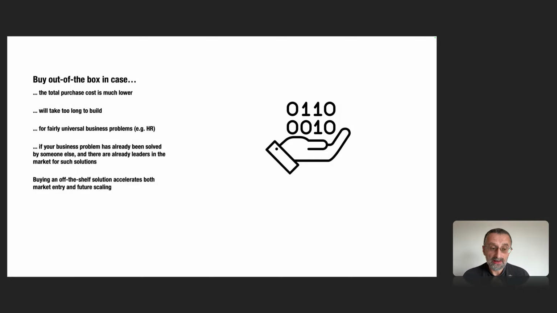Generally, buying an off-the-shelf solution accelerates both market entry and future scaling. There are plenty of different benefits of choosing something out of the box. By the way, it does not have to be a commercial solution. Open source libraries are examples of, in some sense, out-of-the-box solutions.